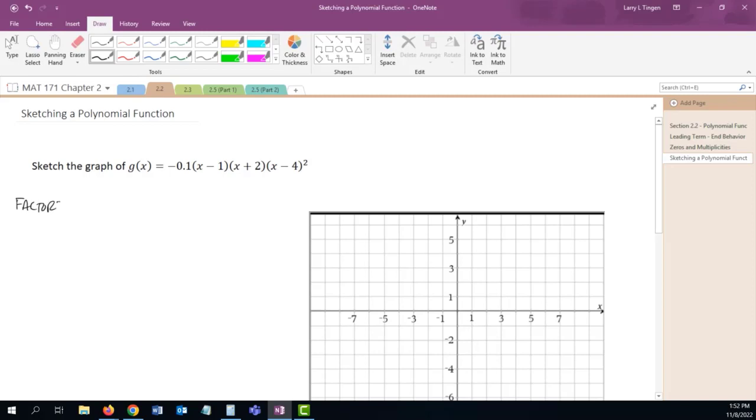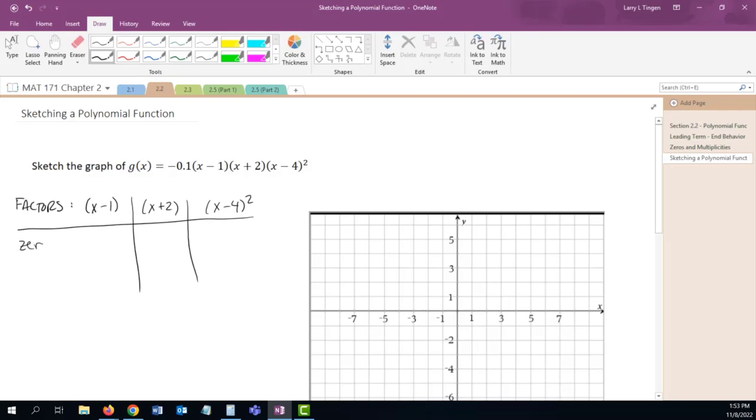Let's find our zeros by breaking up the factors. Let's just write out what are the factors that have an x in them. X minus 1, x plus 2, x minus 4 squared.